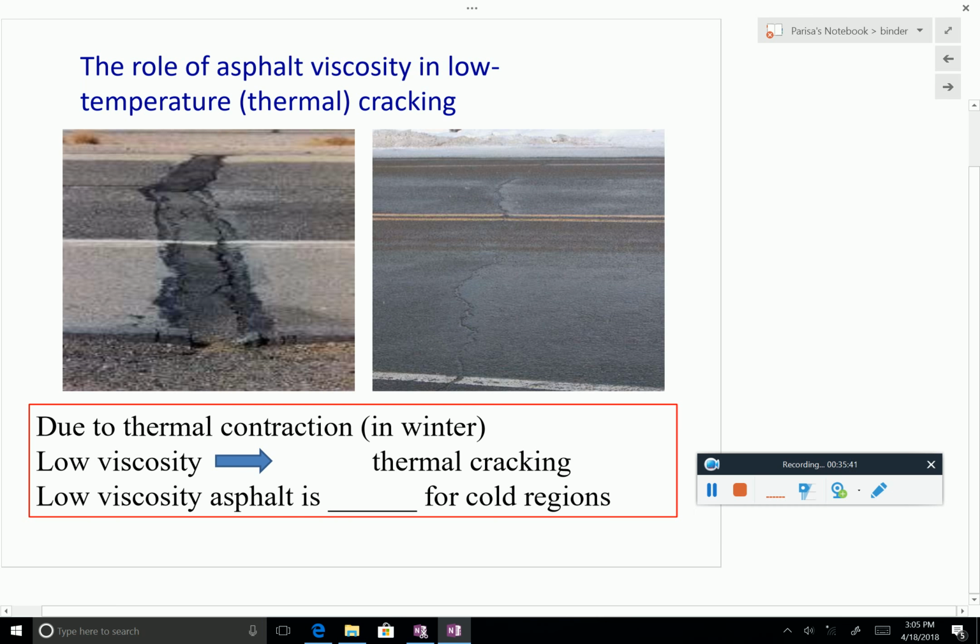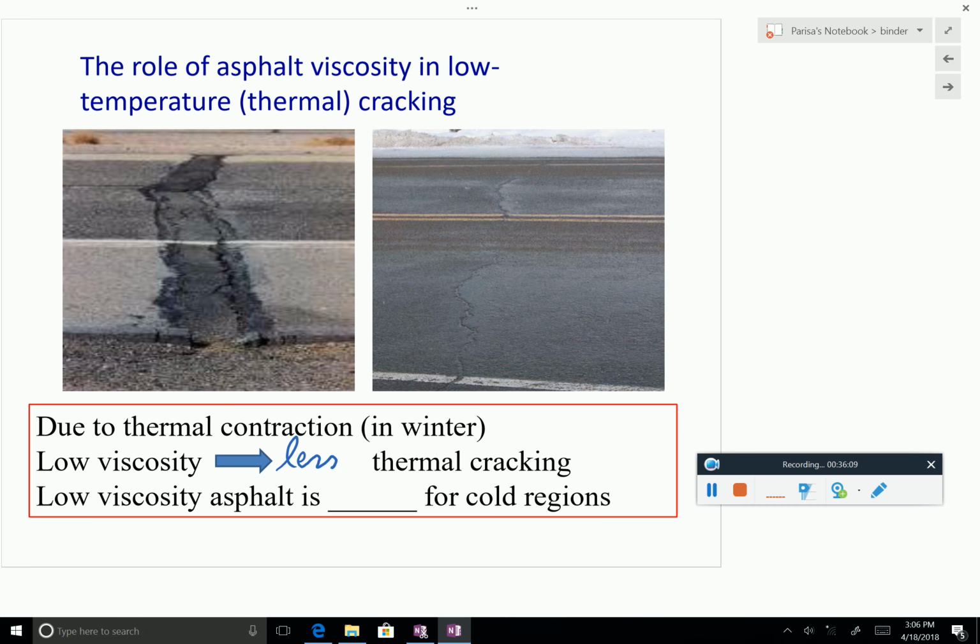Do we have less or more thermal cracking? Less, right? So if you expect really harsh winters, you actually want to use an asphalt binder which has low viscosity, which means that it flows easier. So it is not that brittle in low temperatures, right?